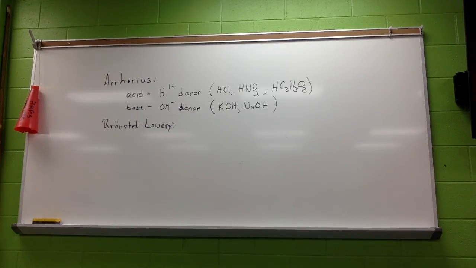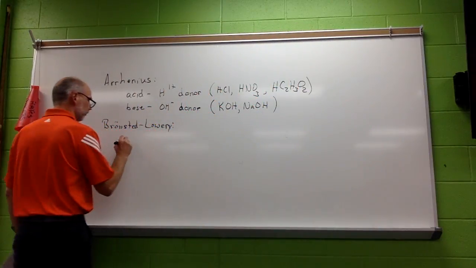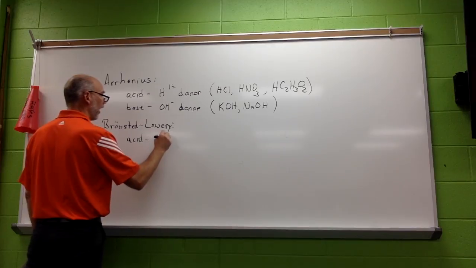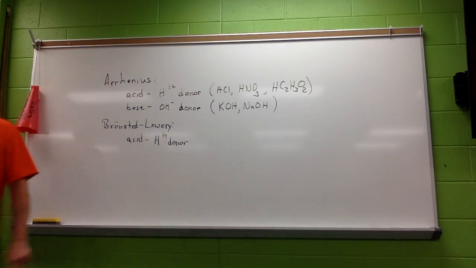Bronsted-Lowry theory of acids and bases. Acids, essentially the same thing as the Arrhenius theory, a substance that provides hydrogen ion. So according to Bronsted-Lowry, a substance that provides hydrogen ion is an acid.